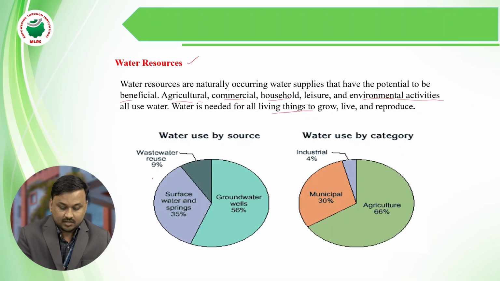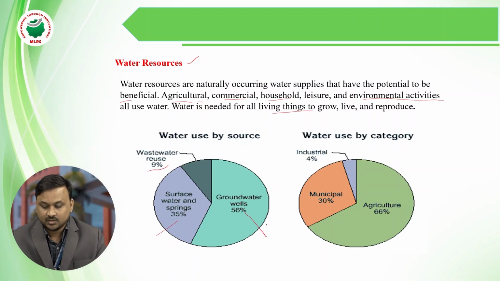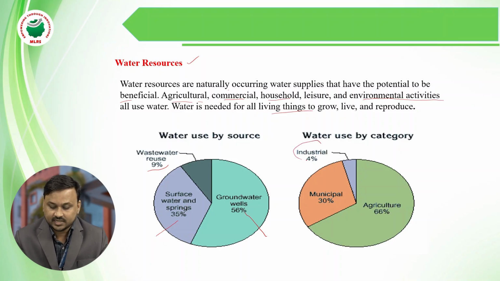Here, wastewater use is 9%, surface water is 35%, and groundwater is 56%. Water used by category: industrial purpose is 4%, municipal purpose is 30%, and the remaining major share, 66%, is used for agriculture.